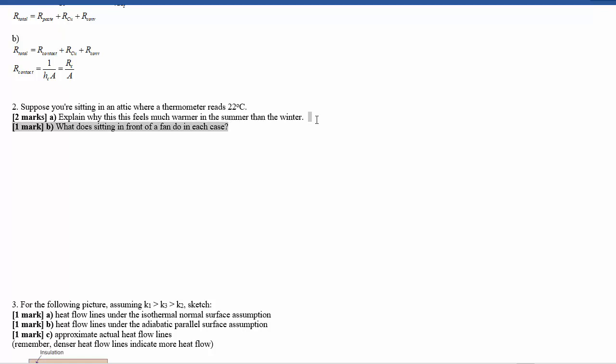Since the radiation was cooling you down too much in the winter, perhaps that might sound like a good thing, but as long as the air is still colder than you, then that's going to enhance that heat transfer and still ultimately cool you down. So this causes forced convection, which is generally dominant over radiation and natural convection. So that means that we are going to be experiencing more cooling towards this 22 degrees C.